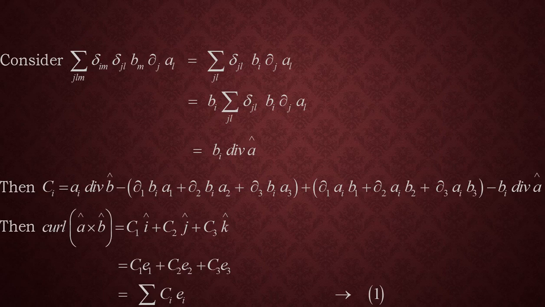From this, we can take out b_i. After taking out b_i, it becomes summation sigma over j, l, m delta_im delta_jl b_m ∂_j a_l equals b_i summation sigma over j, l delta_jl ∂_j a_l.